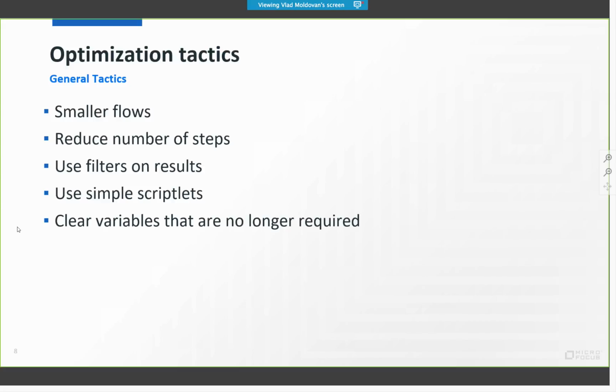If certain variables are no longer relevant for that certain part of execution, and you know that they're not going to be needed later, this can be cleared either through operations or through short scriptlets. Either way, clearing this data will also improve the quality of life.